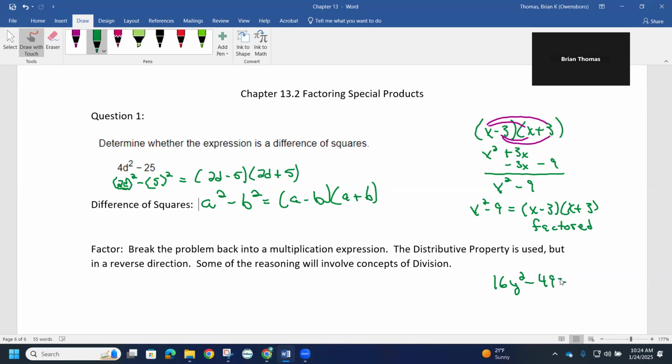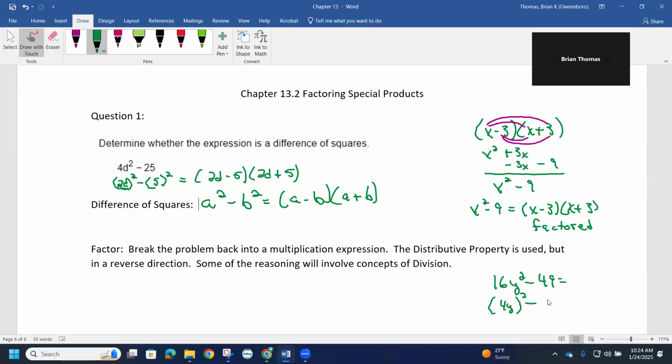Notice that this is a difference of squares because what squared gives you 16y squared would be 4y. I keep getting ahead of myself there. So 4y times 4y would be the same thing as 16y squared. So that first term is a perfect square because I can raise this 4y to a power of 2.